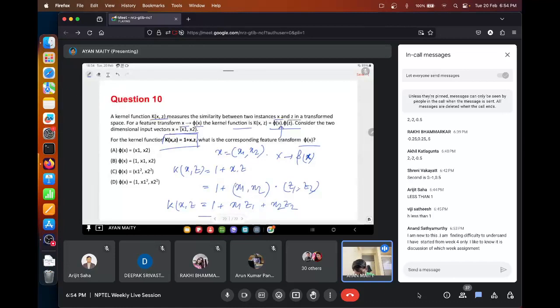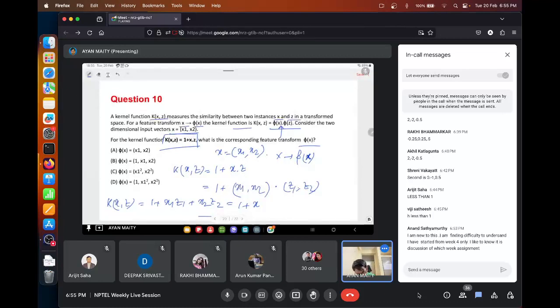So kernel k(x, z) equals 1 plus x1 z1 plus x2 z2. We can decompose this term into two different factors, and each factor will contain either x or z, so that we will get the transformation from x to phi(x) or z to phi(z).